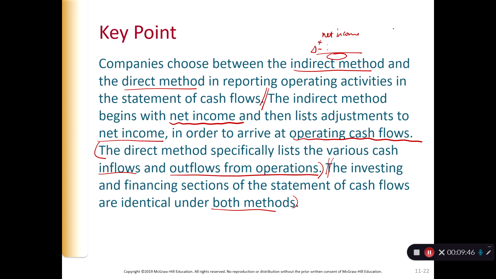But for the direct method, this is indirect. For the direct method, you're basically saying the revenue has to be based on cash revenue, and then cash expenses, cash losses, all those things have to be restated, and then you get a number.